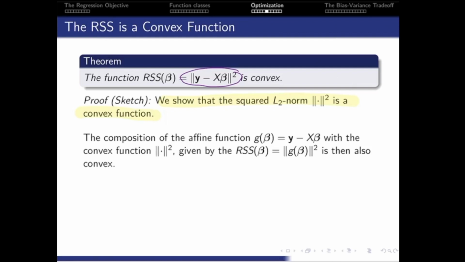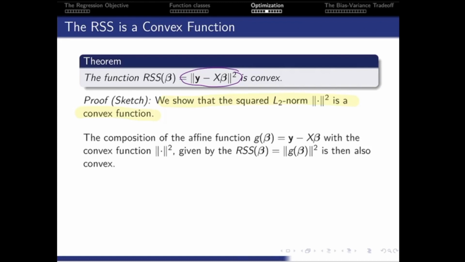So we just have a look at the actual definition of convexity of a function and then show that this definition holds. If you want, you can look it up. If not, that's also fine. You don't need to know how that goes, but it might be interesting.